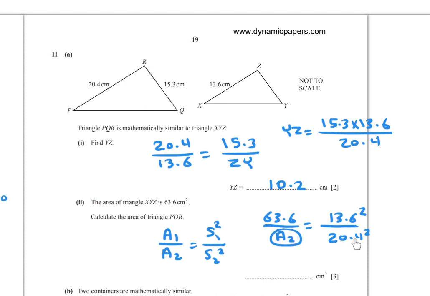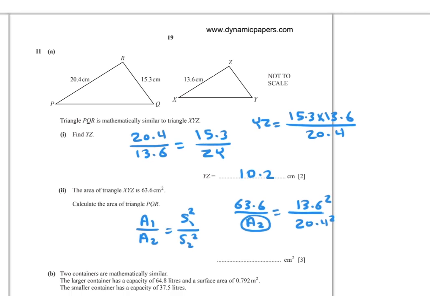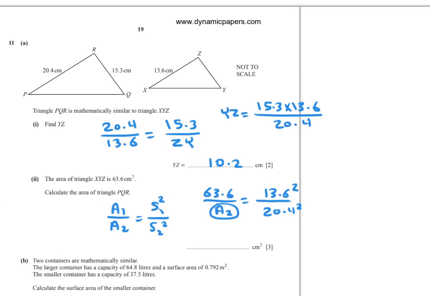So 20.4 squared times 63.6 divided by 13.6 squared equals 143.1.